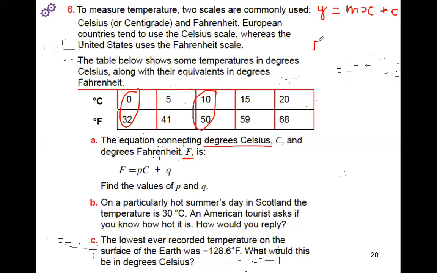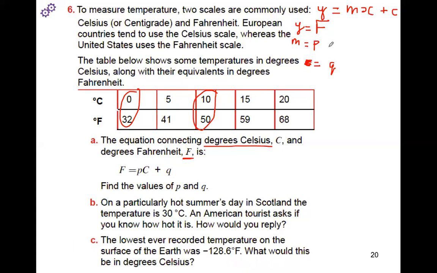So m is represented by p this time. What we used to call y is what they call f. So if you prefer working with y equal mx plus c, you are entitled to do that, as long as you write down exactly. So mx plus c, small c this time, is going to be equal to q.